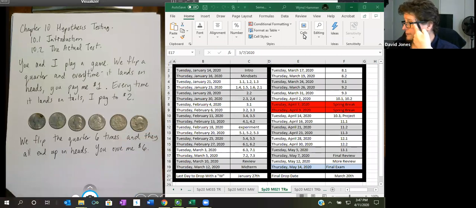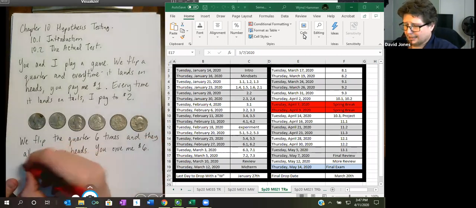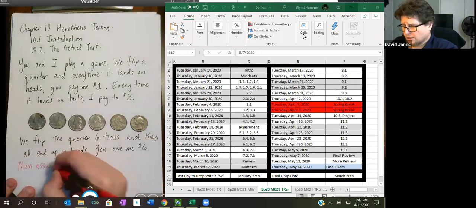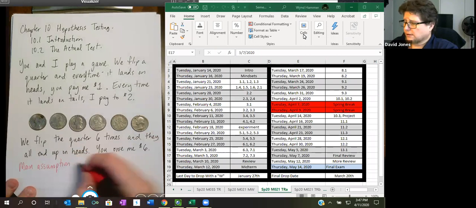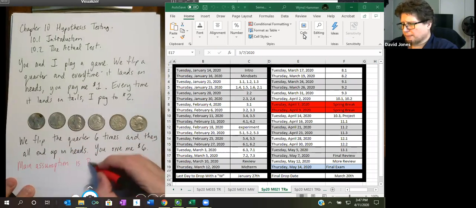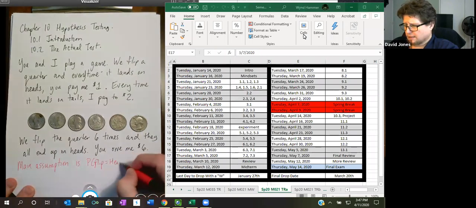Now, what kind of assumptions do we make here? Our main assumption is the probability of the flip equaling heads equaled the probability of getting tails, 0.5.